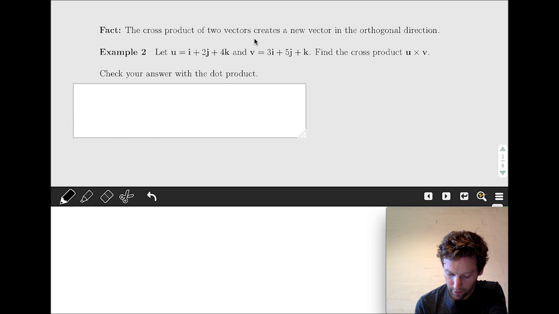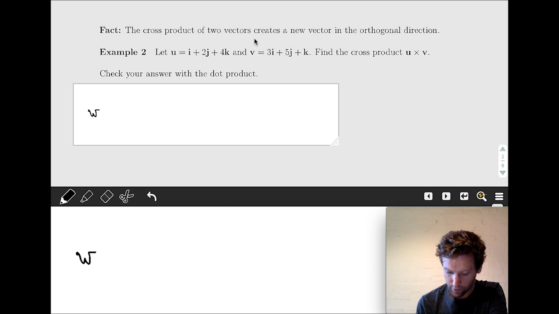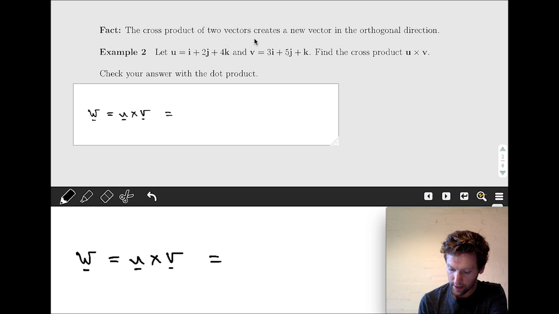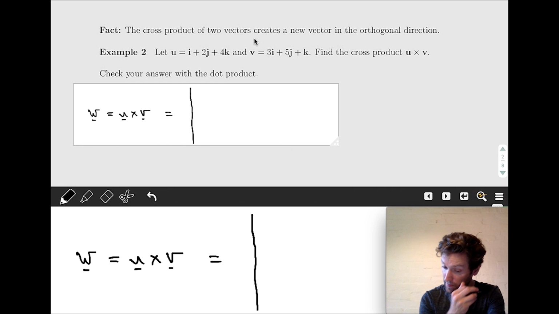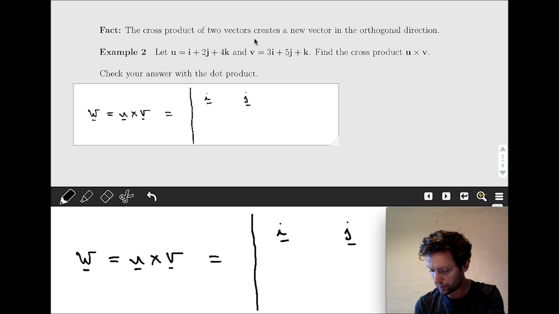So I've got w equal to the cross product of u and v. I can calculate that cross product by writing out a determinant of a 3 by 3 matrix, where the first row of that matrix are our unit vectors in the x, y, and z direction, i, j, and k.